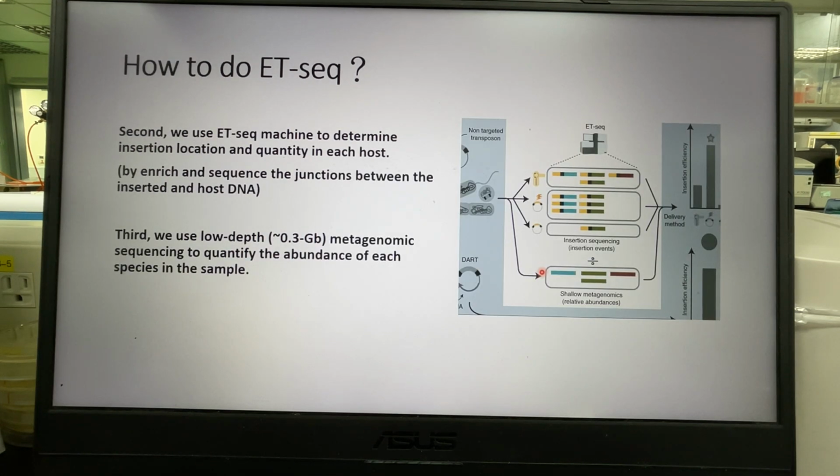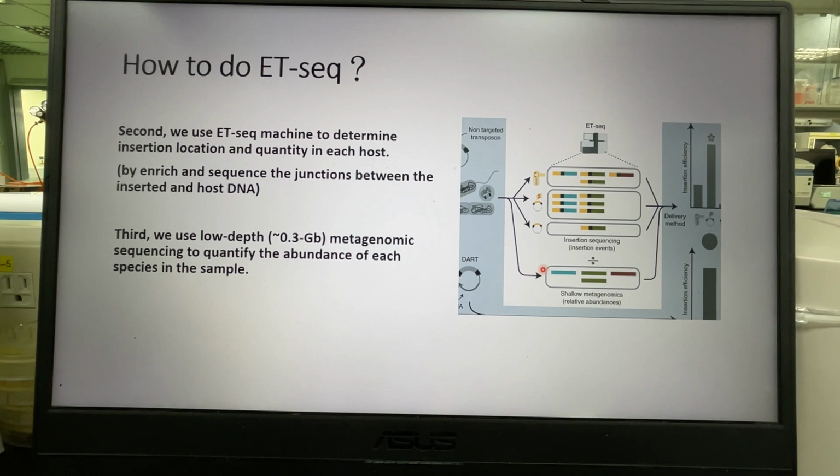And the second step is we use ET-seq to determine insertion location and quantity in each host, by enriching and sequencing the junction between the inserts and host DNA. Third, we use low-depth metagenomic sequencing to quantify the abundance of each species in the sample.